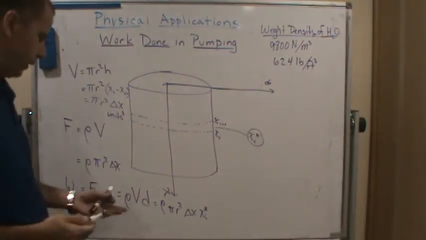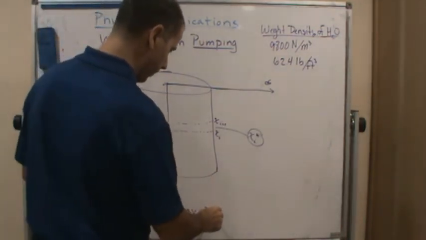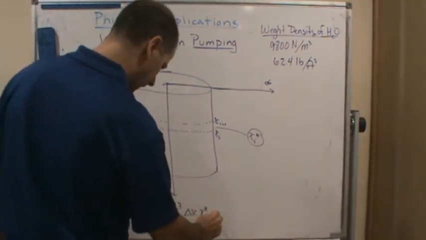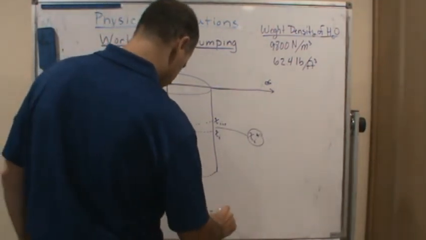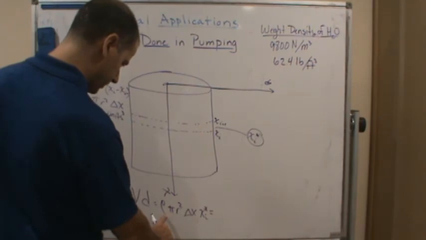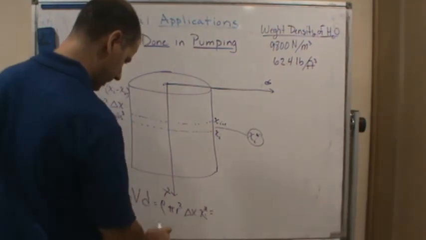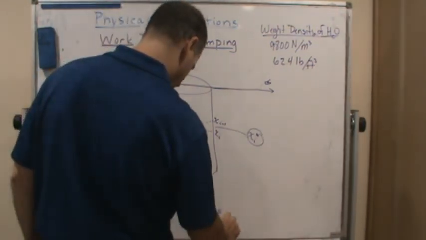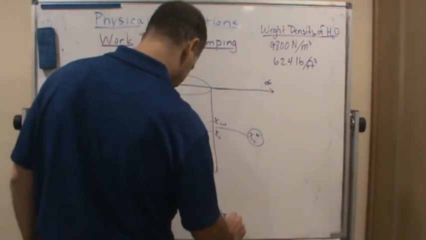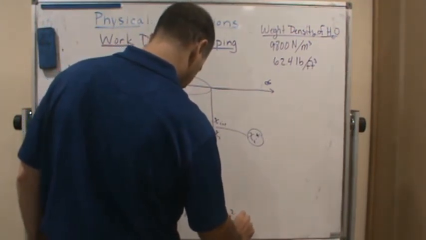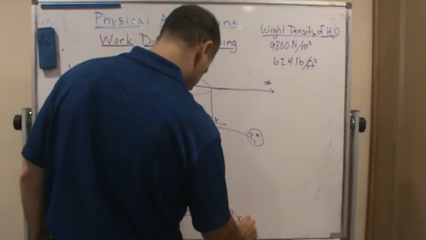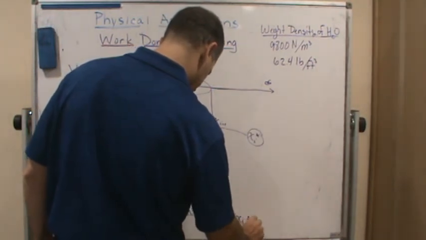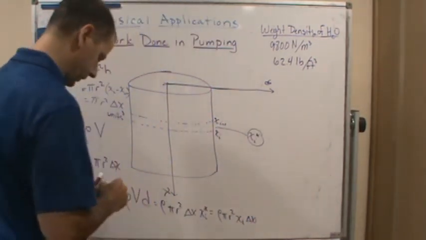Okay, so if we rearrange this, let's pull the constants out. This is constant, and we put the delta x at the end. So this is going to be rho pi r squared times x sub i delta x.